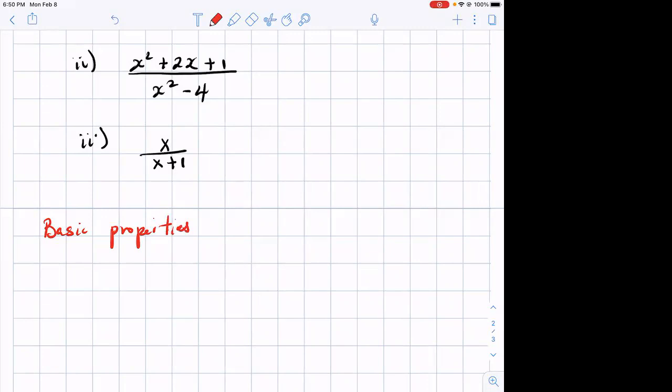Now, some basic properties that will help us.